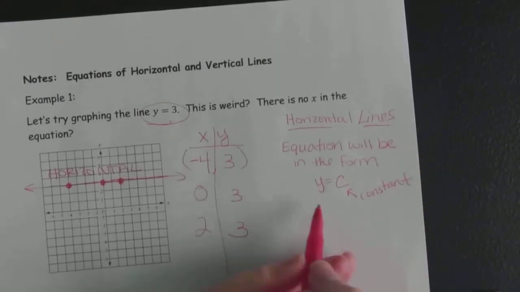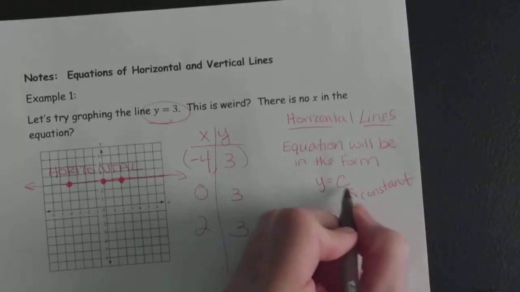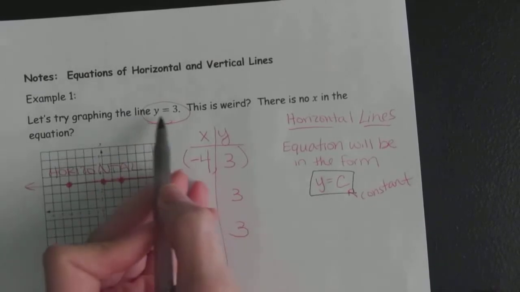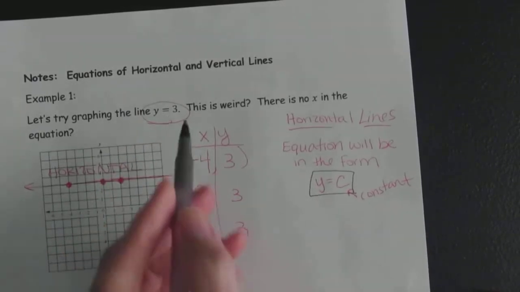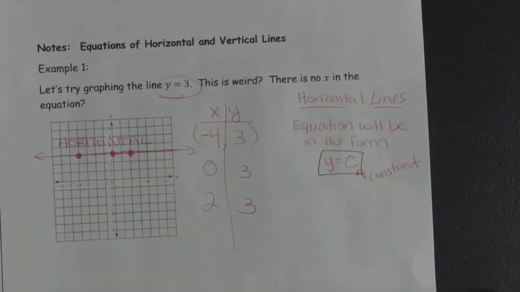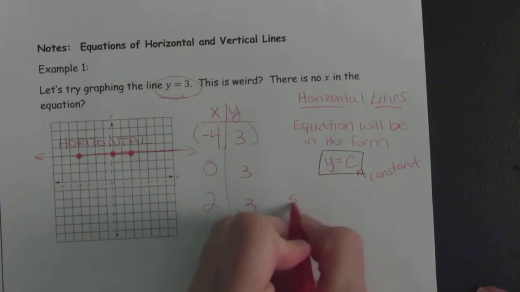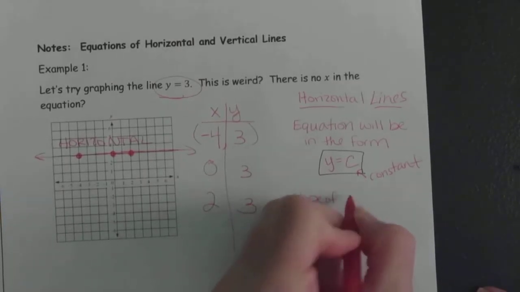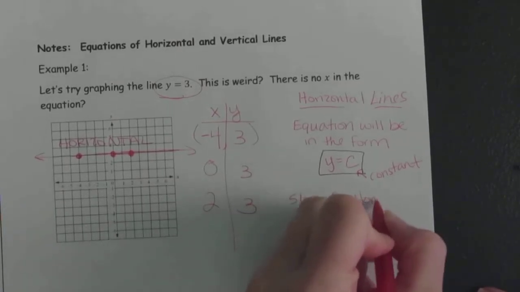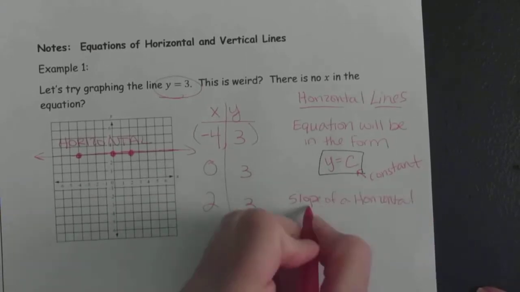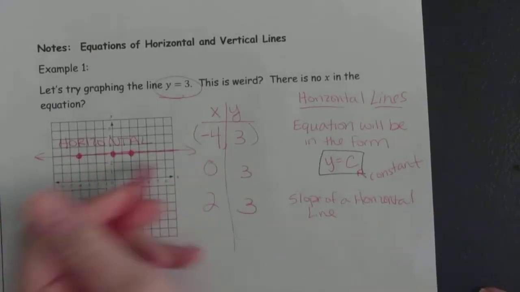It's just a number, right? There's no x. Y equals c. Y equals a constant, just the way it was given in this example. Now, the only other thing I really want to talk about here is the slope of a horizontal line. That would be the last thing I want to talk about.